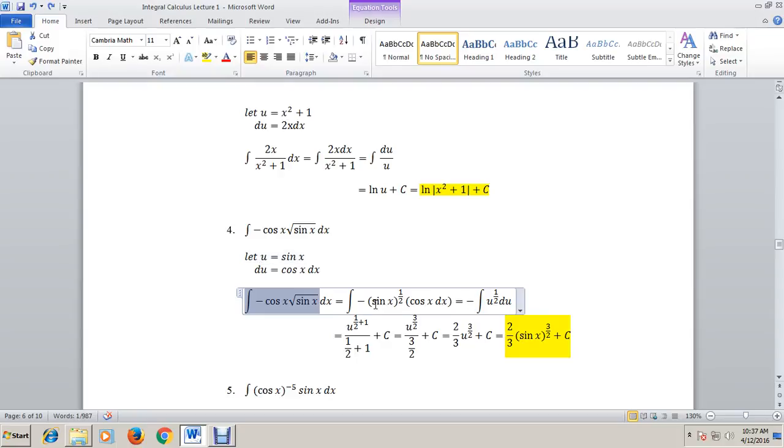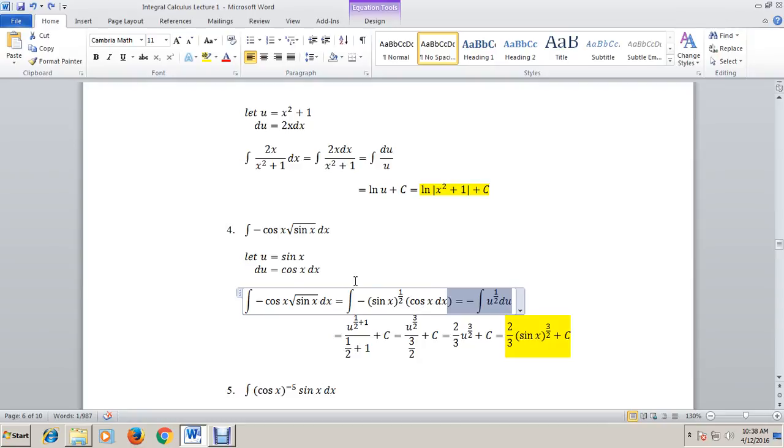Since our square root of sine x is sine x raised to 1/2, that becomes u raised to 1/2. Now, in our second intervening step, I have rewritten the original expression, rearranging the terms, as negative sine x raised to 1/2 cosine x dx, attaching cosine x to dx.